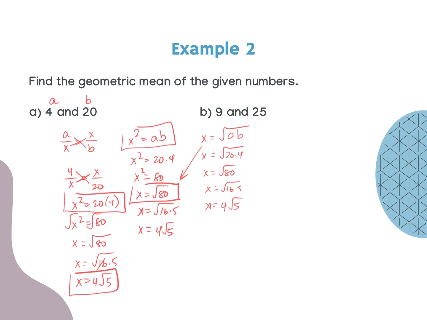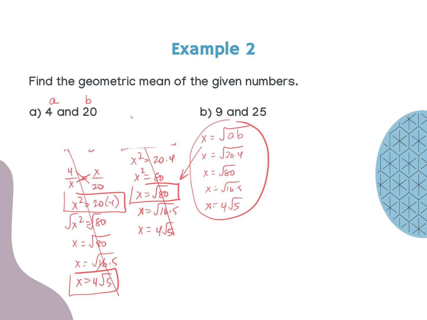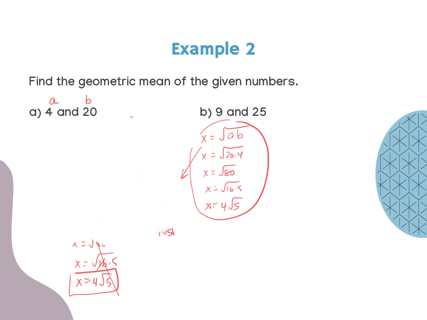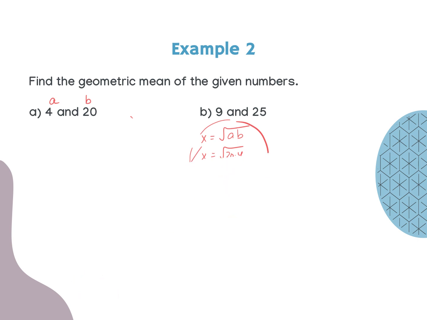So when you're given A and B, instead of doing this or this, you might as well just start with this formula because it's going to get you to the answer the absolute quickest. You can do it either way, but my suggestion would be to start with that.